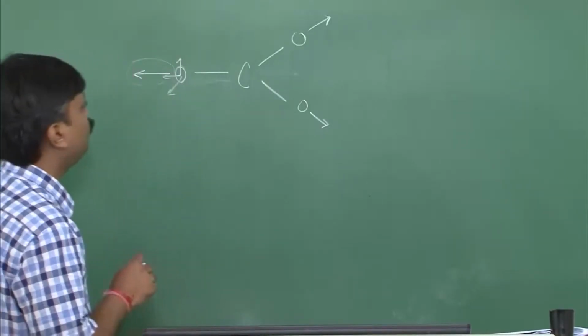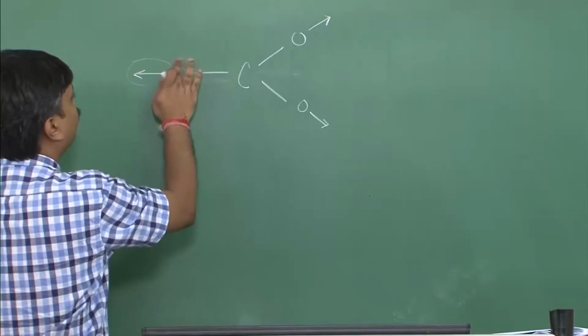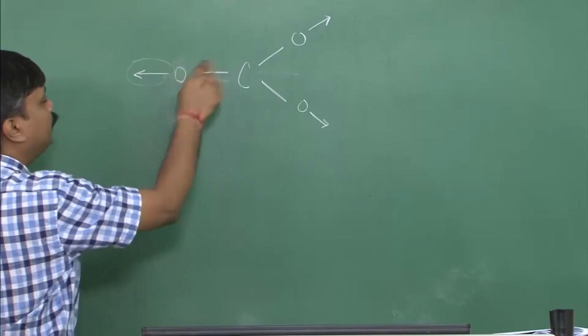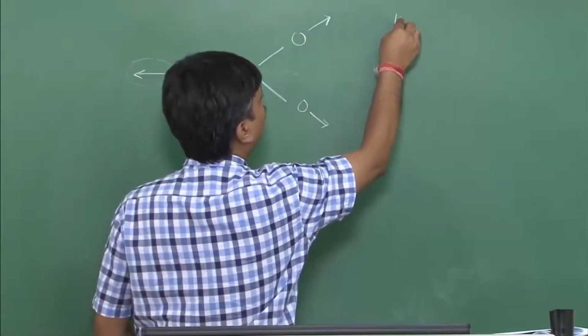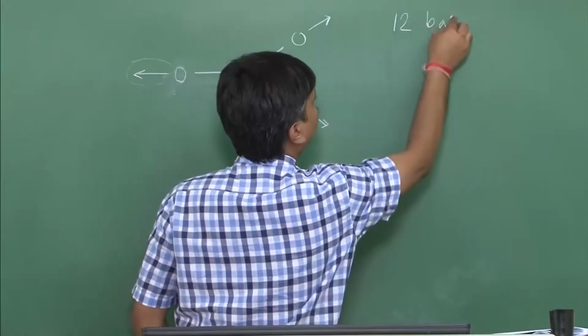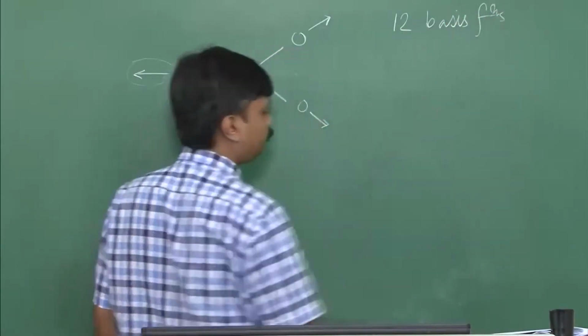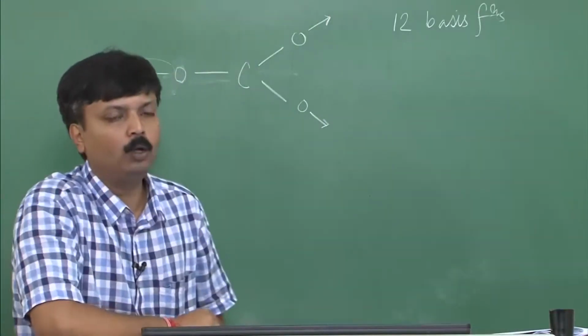Therefore, for this one I will have a total of 4 atoms, so 4 into 3, a total of 12 basis functions in my set, and we can do whatever we want to do on that.